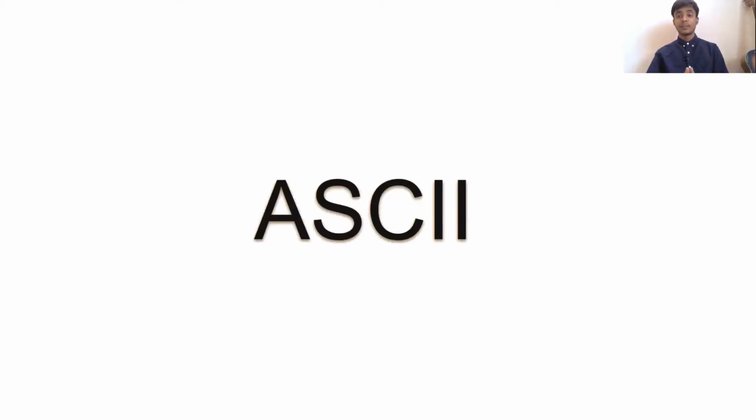Okay, so now after this, let's do something much more fun than text. So now come to the ASCII. Now we will play with the ASCII art. So first, what is ASCII art? Can anyone tell what ASCII art is?